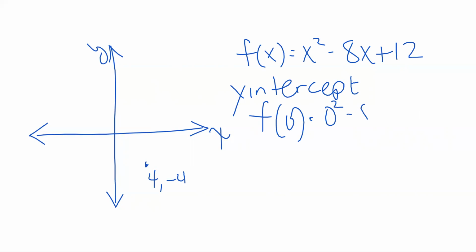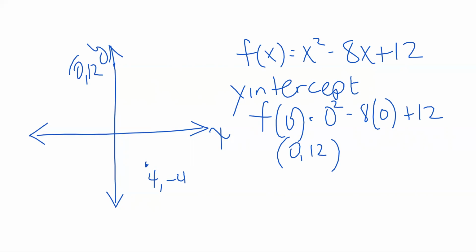When you do that, you'll probably realize after about 2 or 3 repetitions that you're left with just 12. So now you know that this quadratic graph sails through the point 0, 12 on the y-axis.